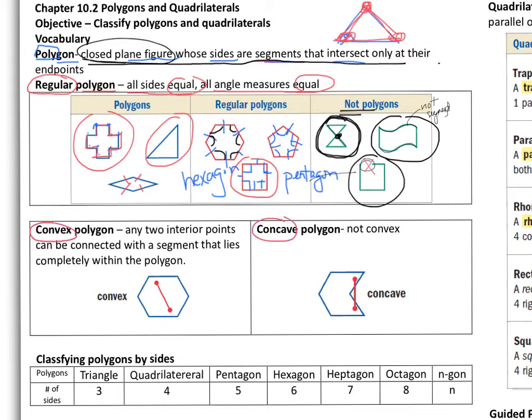A convex polygon, for example, this hexagon we have here, will be considered a convex polygon only if any 2 interior points, interior meaning inside of the polygon, can be connected with a segment that lies completely within the polygon, okay?